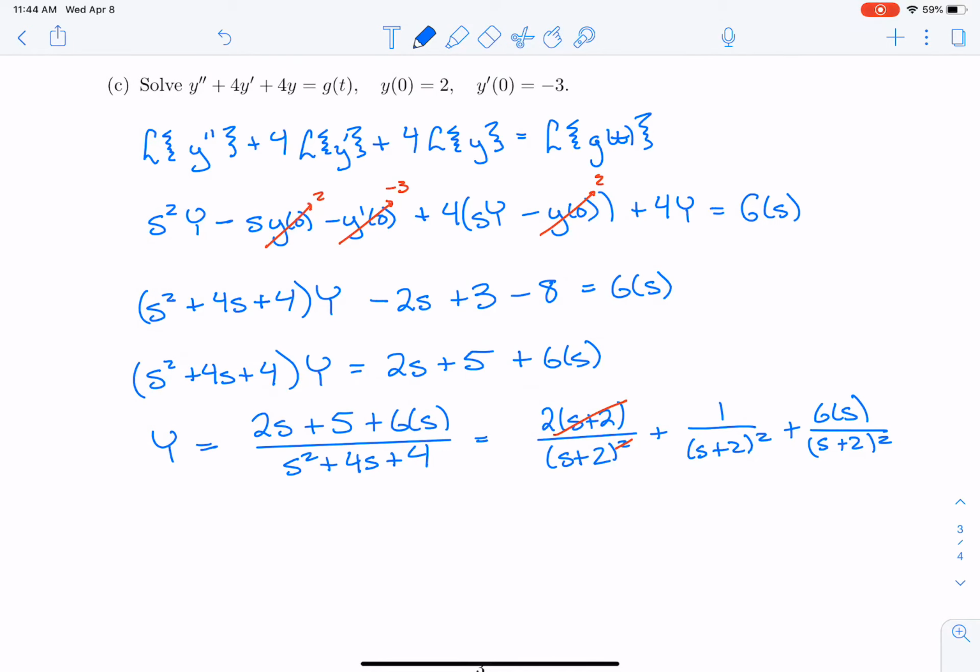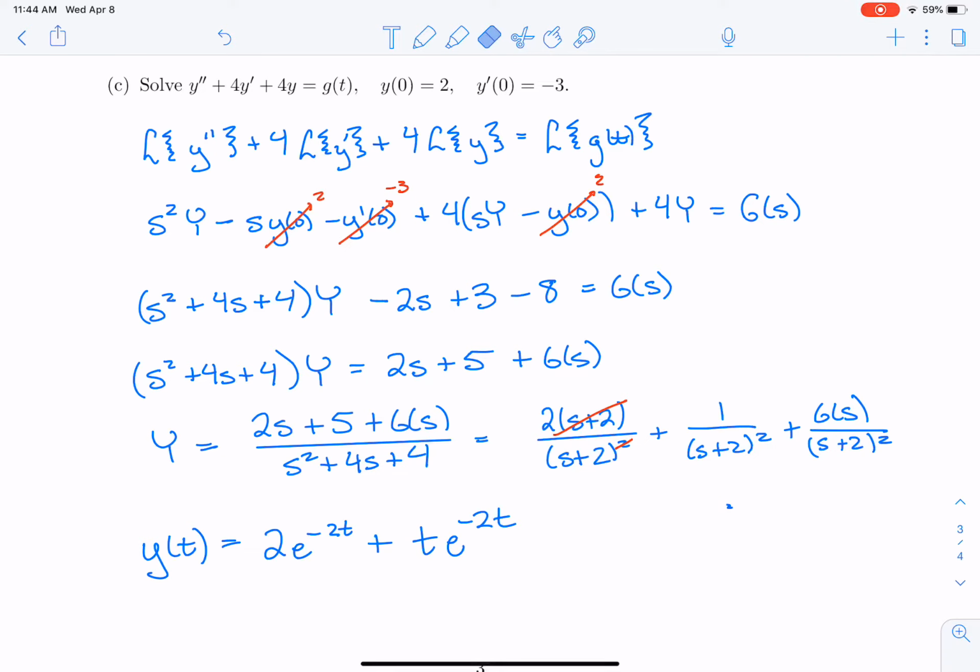Well, then, what is little y of t? So what happens when I take the inverse Laplace transform? Well, the inverse Laplace transform of 2 over s plus 2 is 2 e to the minus 2t plus the inverse Laplace transform of 1 over s plus 2 squared. Okay, so that, remember, looks like 1 over s squared, and I'm translating using an exponential. So the inverse Laplace transform of 1 over s squared is t, but that's going to be multiplied by e to the minus 2t.